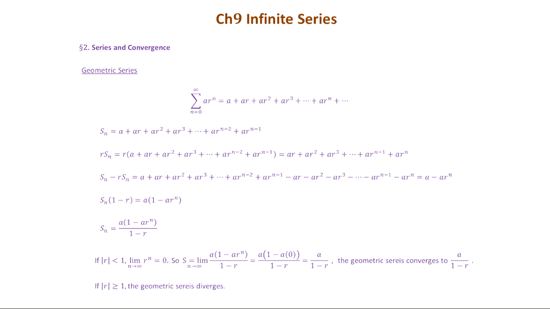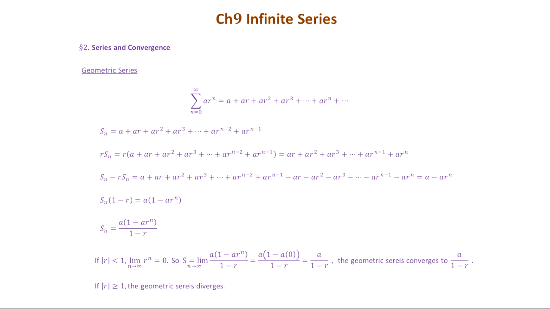If we distribute the r to all the terms in the parentheses, you're going to get a times r plus a times r squared plus a times r cubed. So each term just gets another factor of r, so the exponent increases by 1.